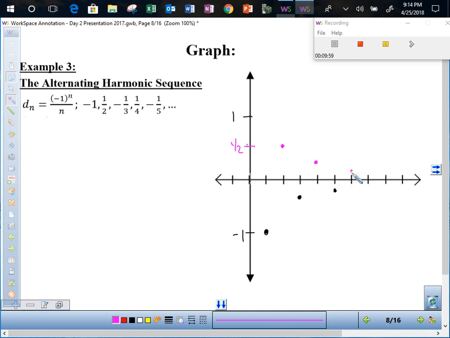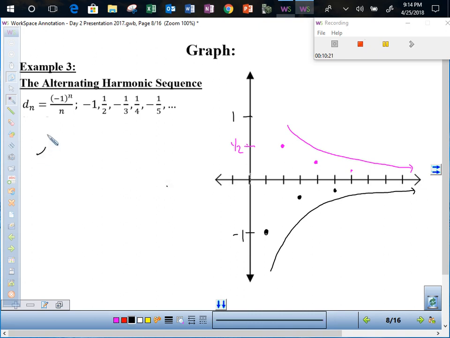We'll look at how your graphs are behaving. Down here, they're doing like this. Up here, they're doing like this. So ask yourself, does it seem like we're approaching a number? In this case, my values continue to get smaller and smaller and smaller.